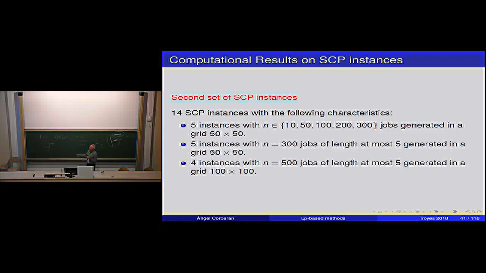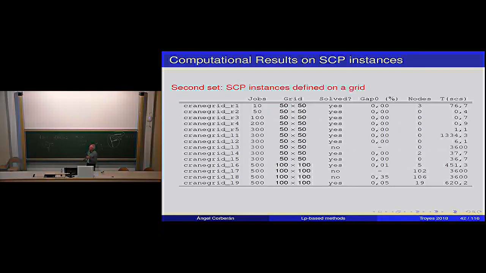Then we generated instances in grids of different sizes, up to 500 jobs, and the results were also good. We were not able to solve all the instances, all except 3.